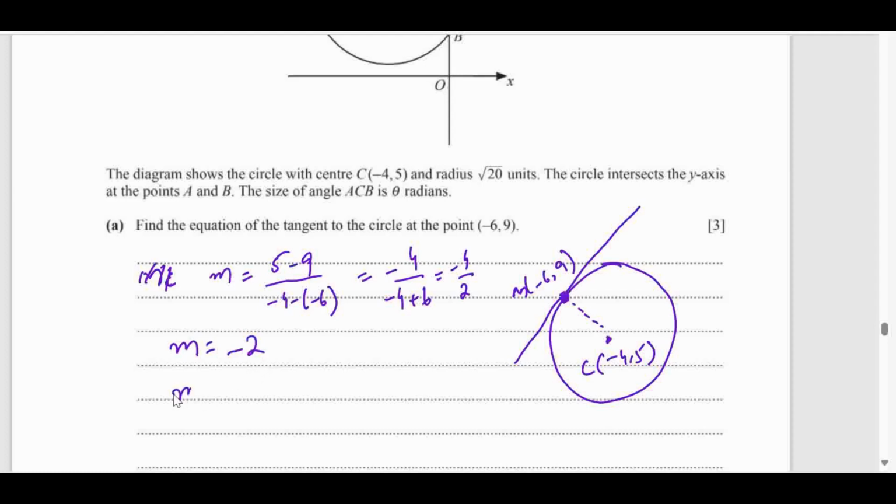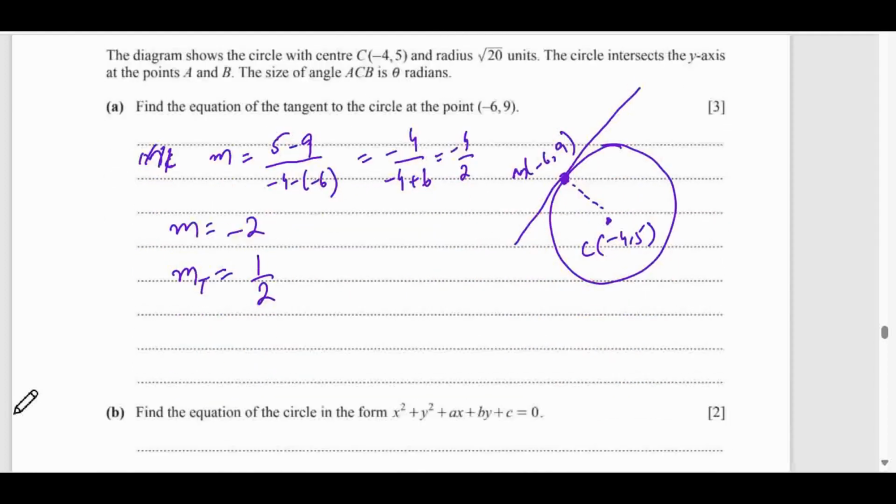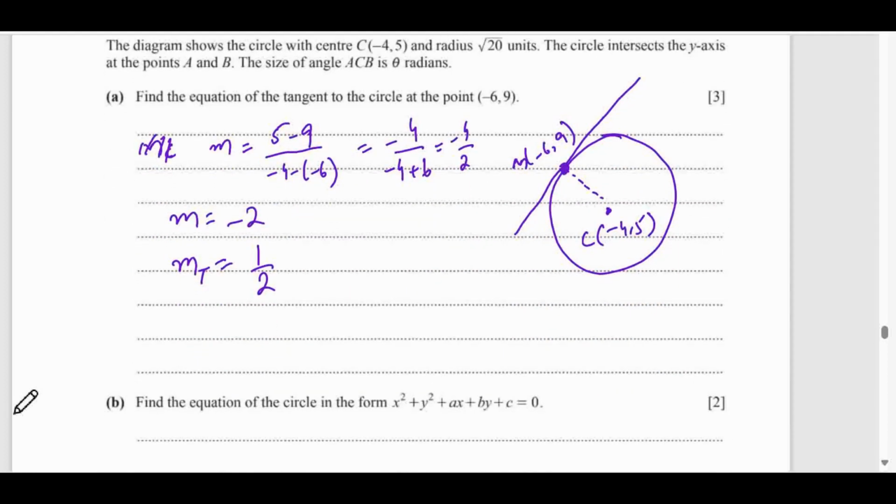Now the gradient of the tangent line will be the negative reciprocal of this, which means this will be 1/2. Now we need to find the equation of the tangent line.